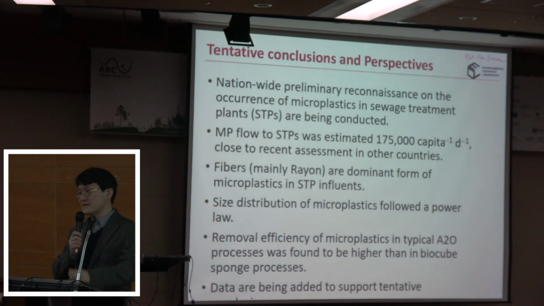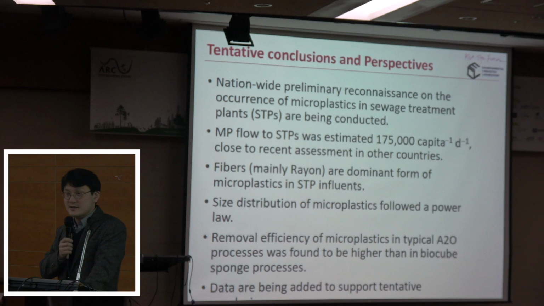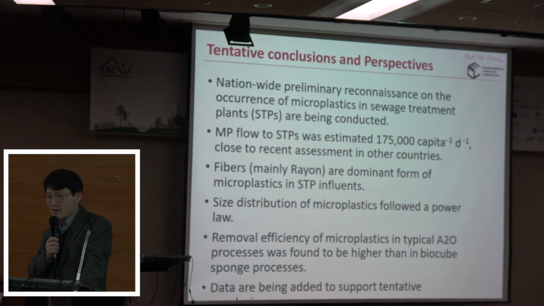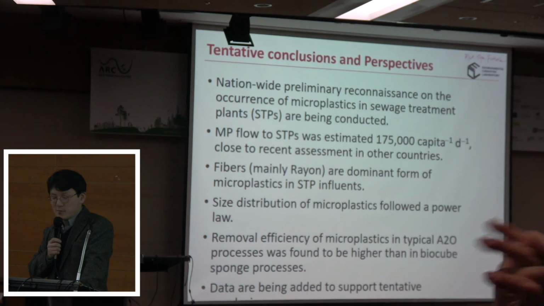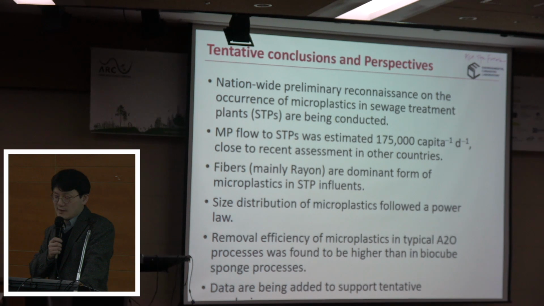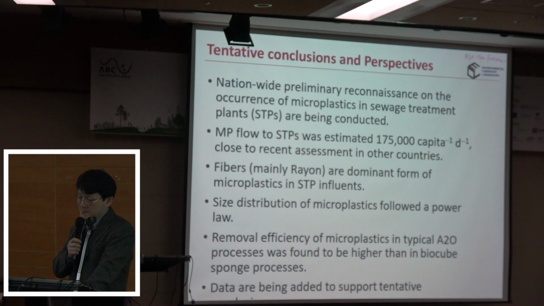So the final summary of our preliminary work is that we are conducting a nationwide preliminary survey, and this is the largest scale ever I know from different countries. And the number of microplastics that we estimate per capita per day is about 175,000 particles per human per day.